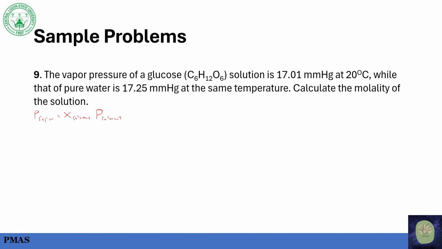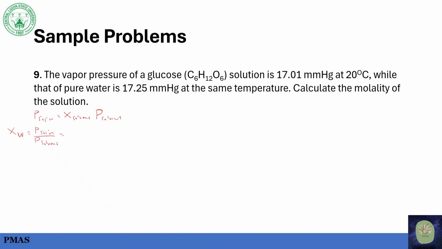We can solve for the mole fraction of the solvent, and our solvent is water. It is the pressure of the solution divided by the pressure of the solvent. Okay?